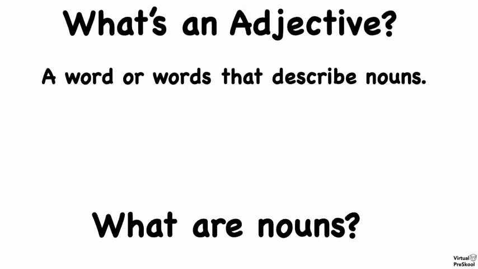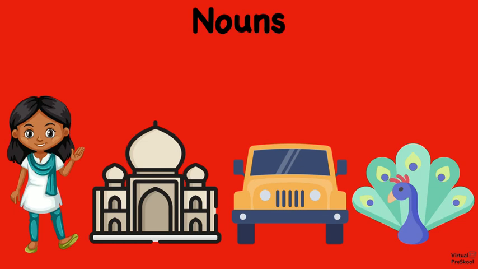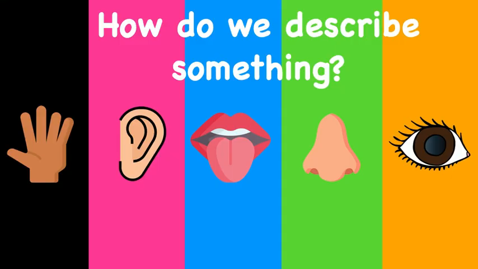Now, let's quickly review everything we've done today. What's an adjective? A word or words that describe nouns. And what are nouns? Nouns are people, places, things, or animals. And how do we describe something?